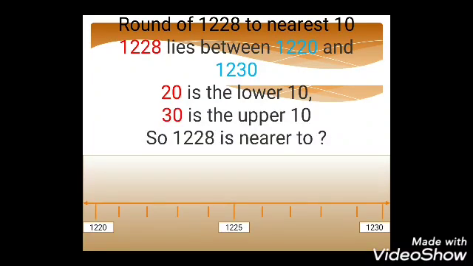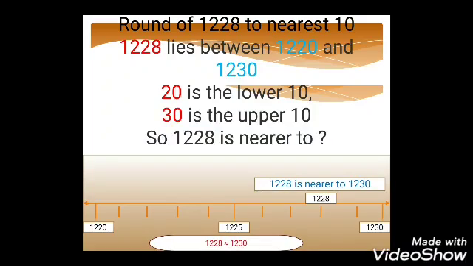The range is 1220 to 1230 because we are rounding to the nearest tens. So 20 is the lower 10 and 30 is the upper 10. We place the digit and we get that it is nearer to 1230. So it is easy to identify and find out a number to be rounded on the number line.